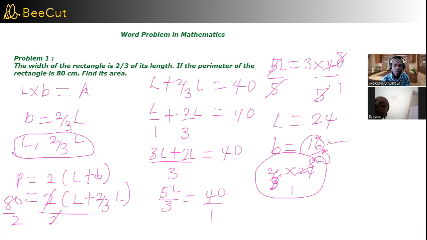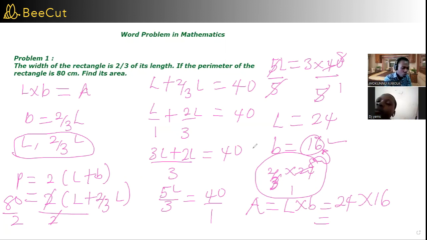Since I have the length and the breadth, I am looking for the area. Finally, area is length times breadth, which is 24 times 16, because length is 24 and breadth is 16. So you're going to pick up your calculator there and multiply 24 by 16, and you see what you have. I have 384.